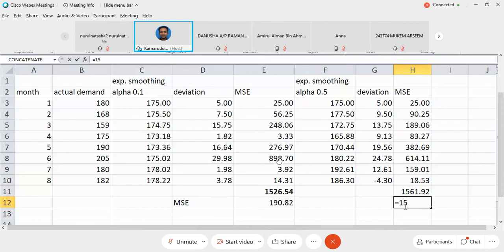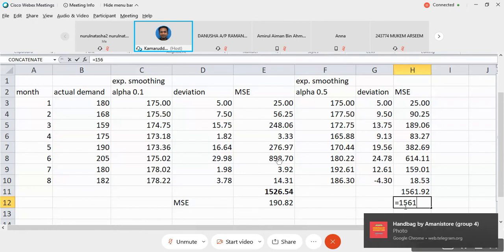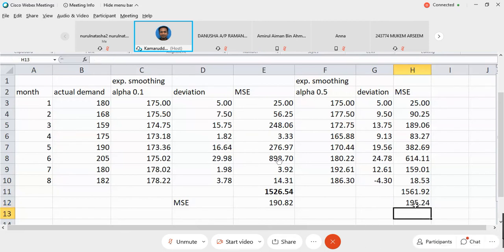To get the mean. 1561.92 divided by 8, we have 195.24. So this is the mean square error with the alpha value of 0.5.